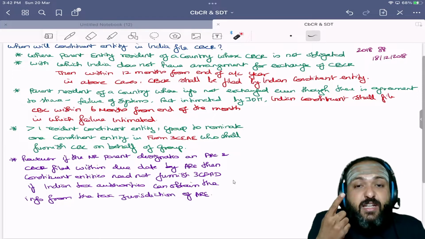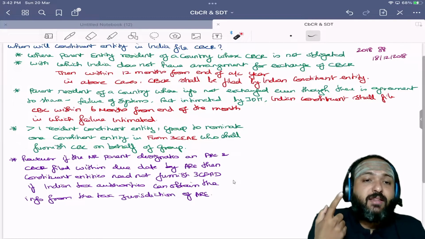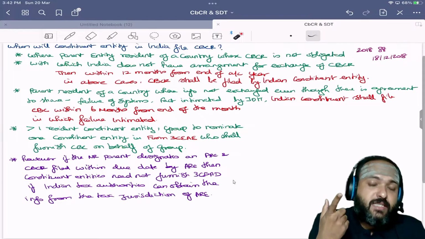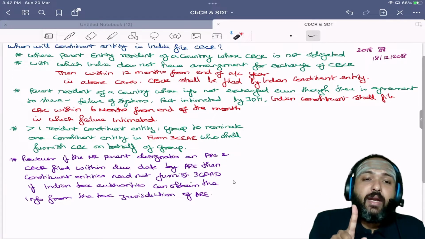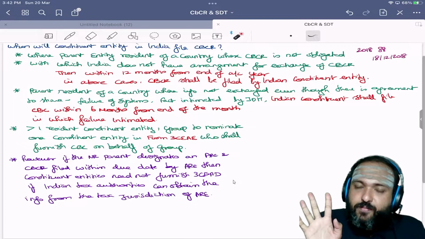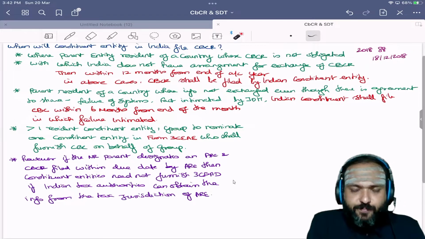Then within 6 months from the end of the month in which the failure is intimated by the JDIT, the Indian constituent entity shall file CBCR. Is it clear? Let me repeat.